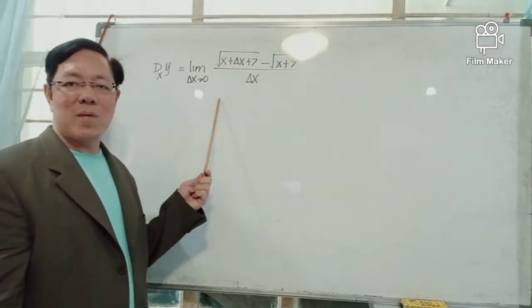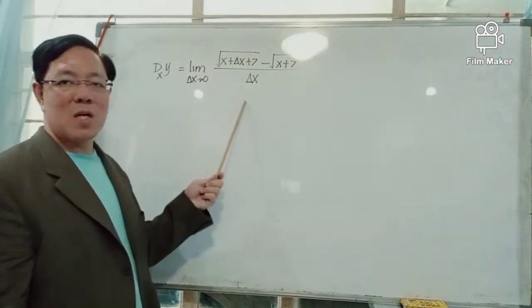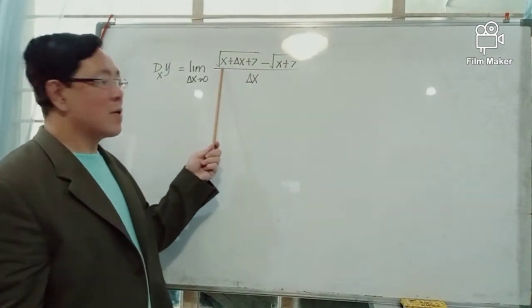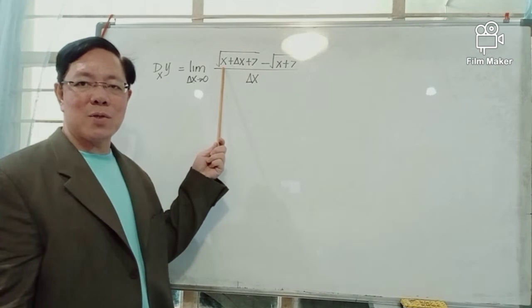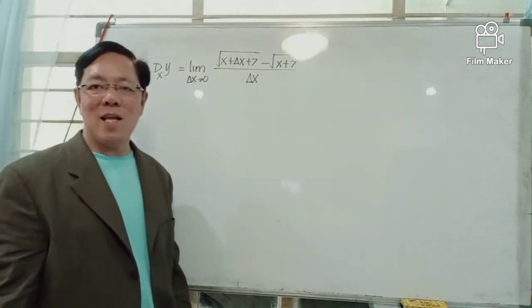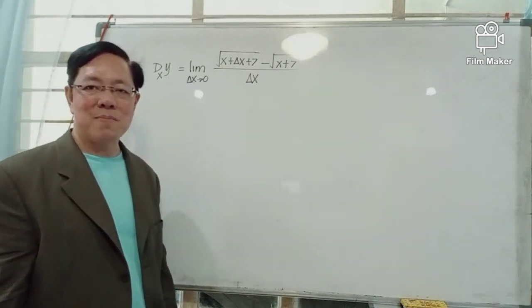Before we get the limit of this rational expression, we remove the radical signs from the numerator, and we do that by rationalizing the numerator.